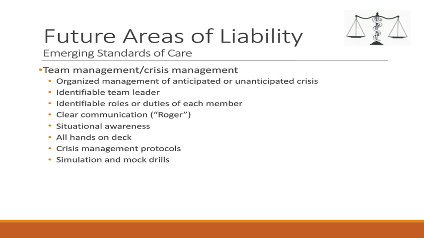An identifiable team leader is present, and that individual maintains that leadership until he or she transfers it clearly to someone else. Everybody else on the team has an identifiable role or duty. There has to be clear communication, which means that the person receiving a request lets the requester know that it has been heard and has been heard accurately.